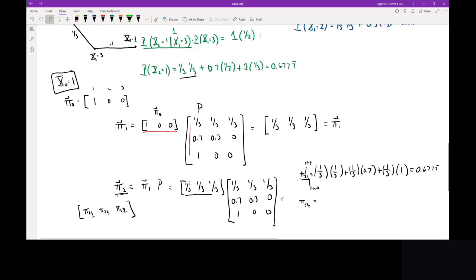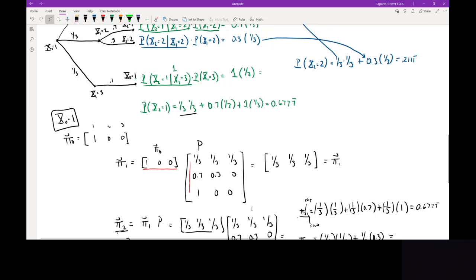And then pi 2, 2, again, second step, second state, would be equal to what? Well, I'm going to take this 1/3, 1/3, 1/3 row, multiply by the 1/3, 0.3, 0 column, and we get 1/3 times 1/3 plus 1/3 times 0.3. And again, we'll move back up just for a second.